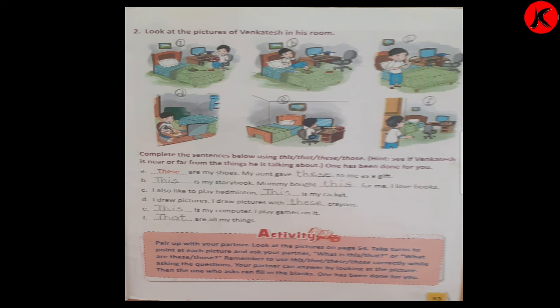Once again we will read, children. These are my shoes. My aunt gave this to me as a gift. This is my storybook. Mummy bought this for me. I love books. I also like to play badminton.